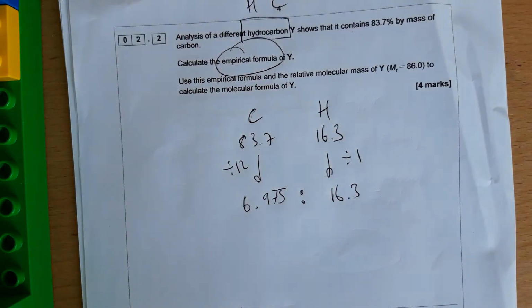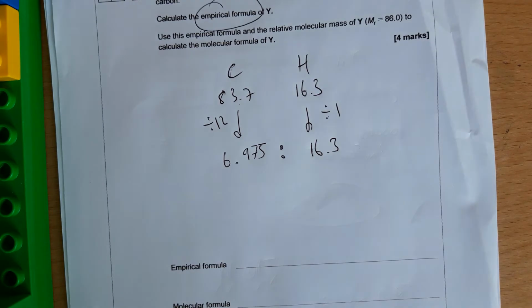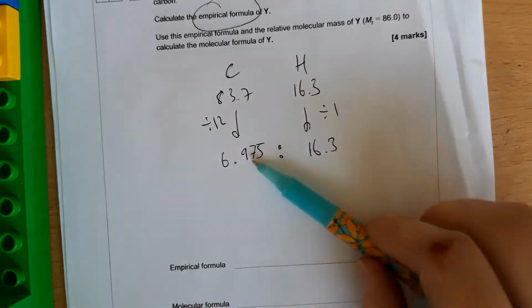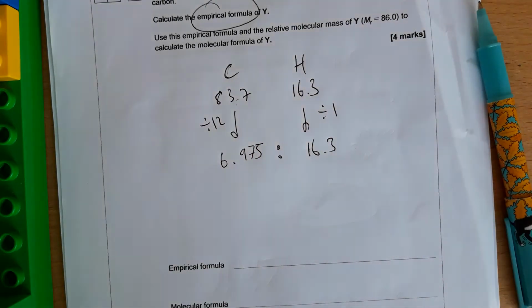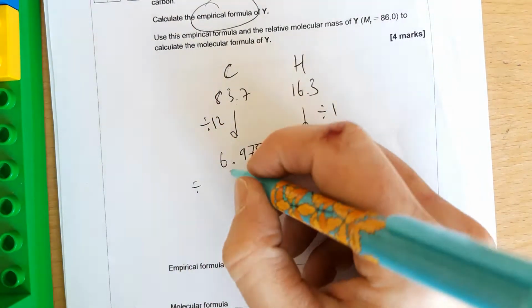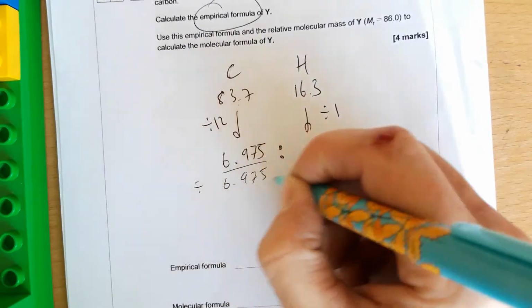So that's a ratio. It's not a particularly useful ratio. We need to turn it into the simplest ratio by dividing both by the smallest number. I'm going to do that on my calculator on the computer. So what am I doing? 16.3. So I'm going to divide both sides by 6.975.